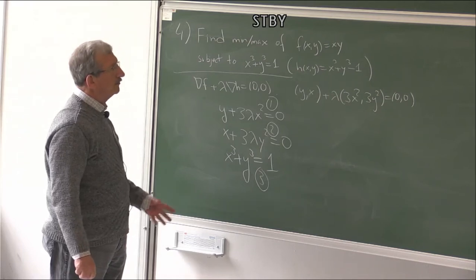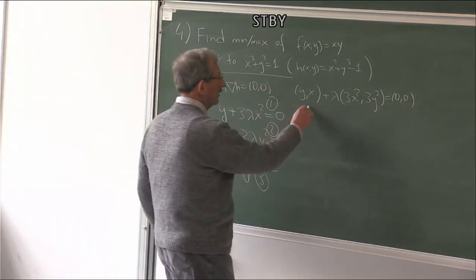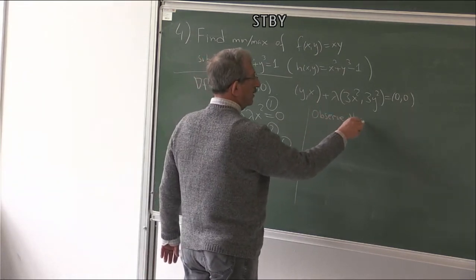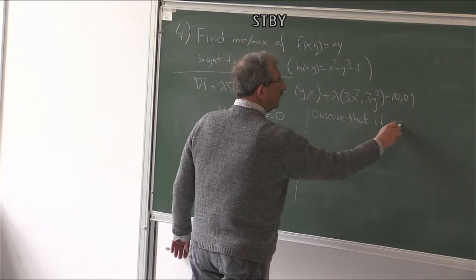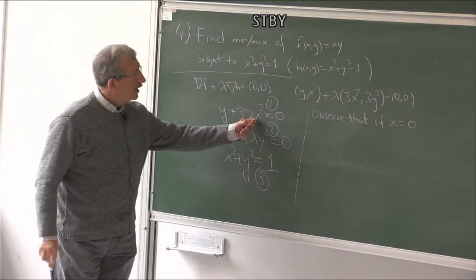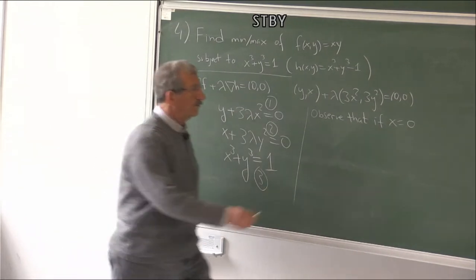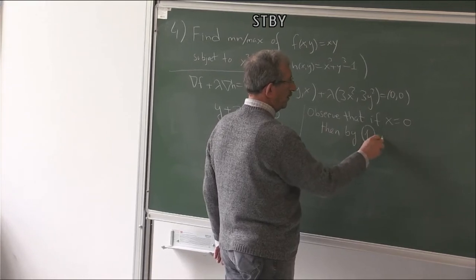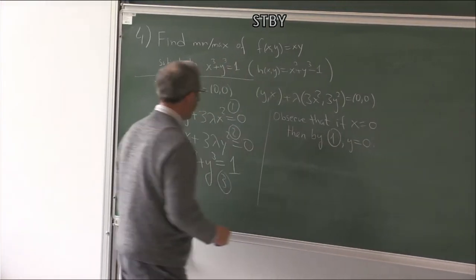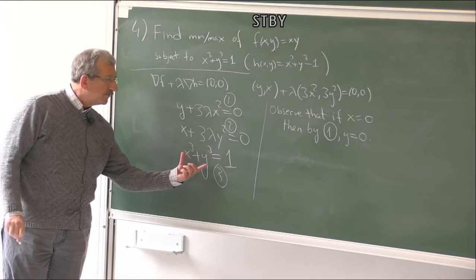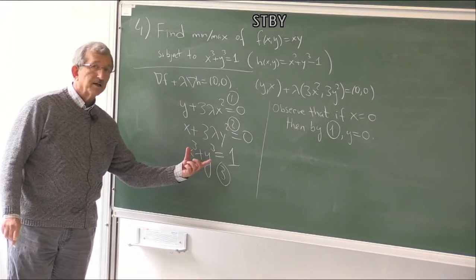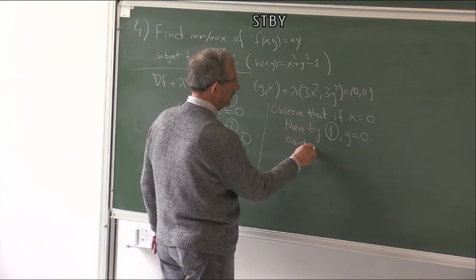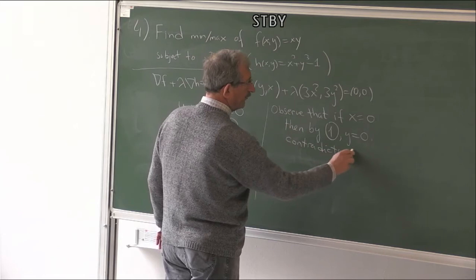The first thing to start with is that if x is 0, by 1, y is 0. Well, 3 says that the sum of the cubes must be 1, and it cannot be satisfied in this case, so it contradicts 3.